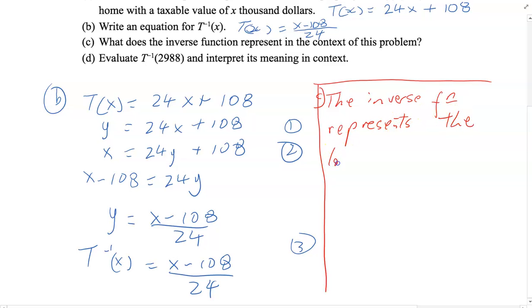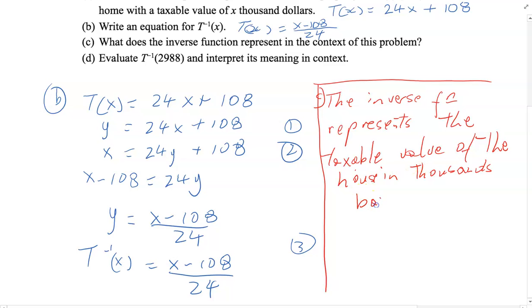The taxable value of the house that is in thousands, that is based on x dollars of property tax paid.